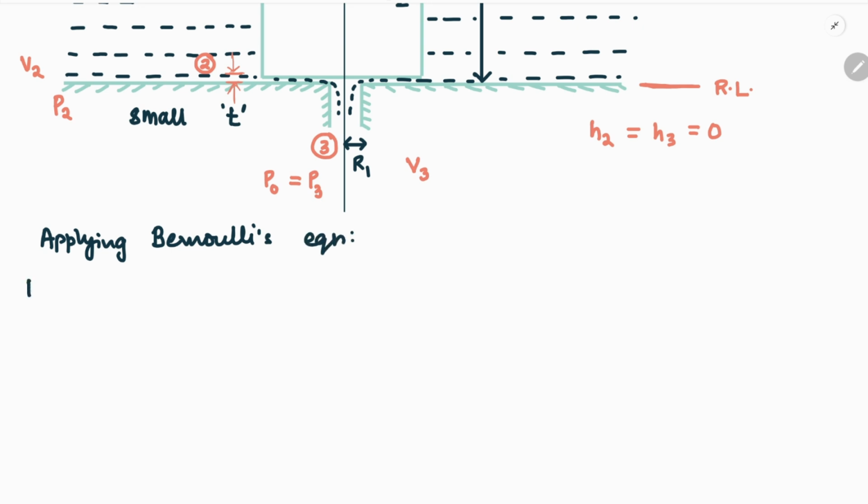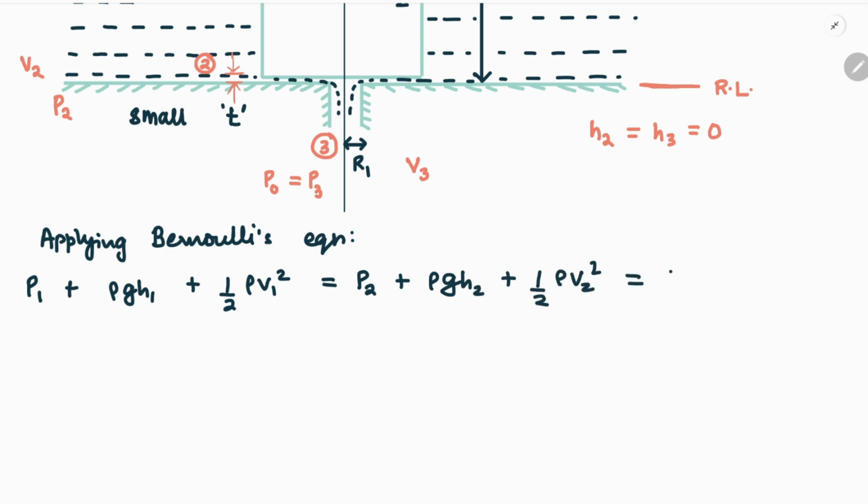Bernoulli's equation is stating P1 plus rho g h1 plus half rho v1 square equals P2 plus rho g h2 plus half rho v2 square, which is equal to P3 plus rho g h3 plus half rho v3 square.